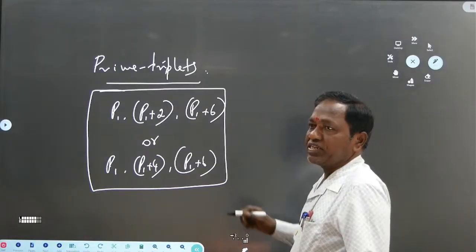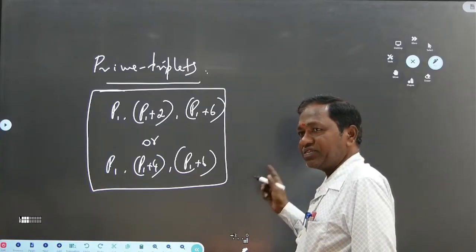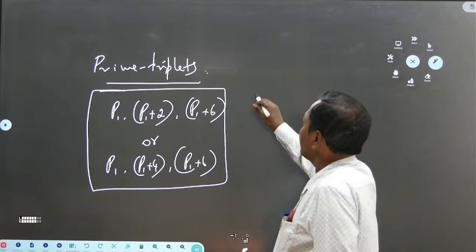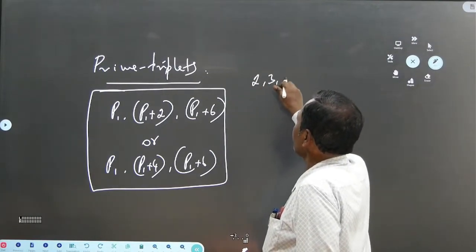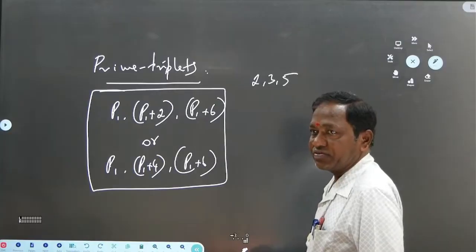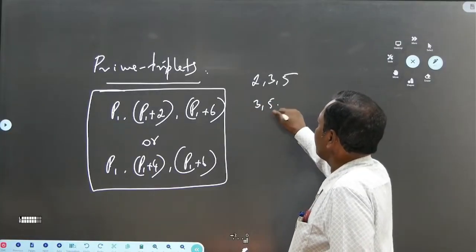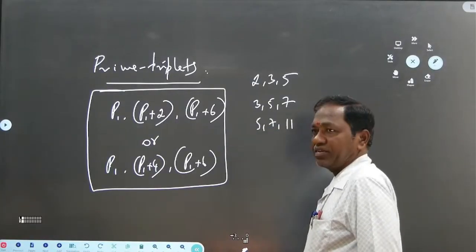Now let us see what the prime numbers are. 2, 3, 5 is not possible. If you start with 3: 3, 5, 7, then 5, 7, 11.